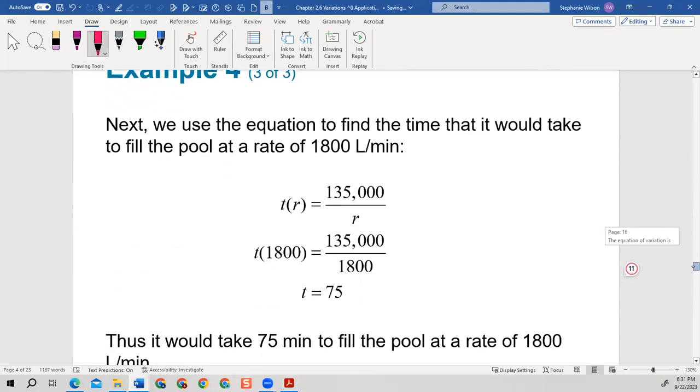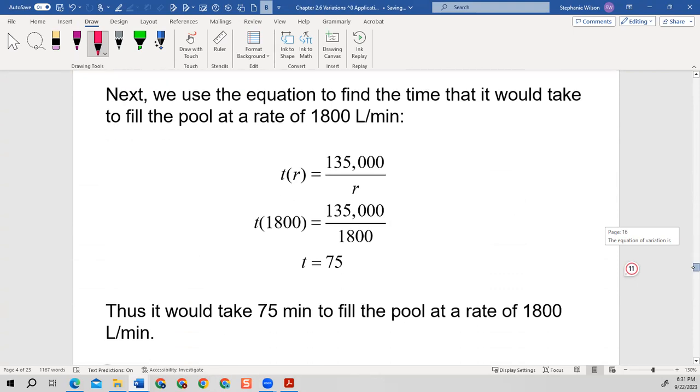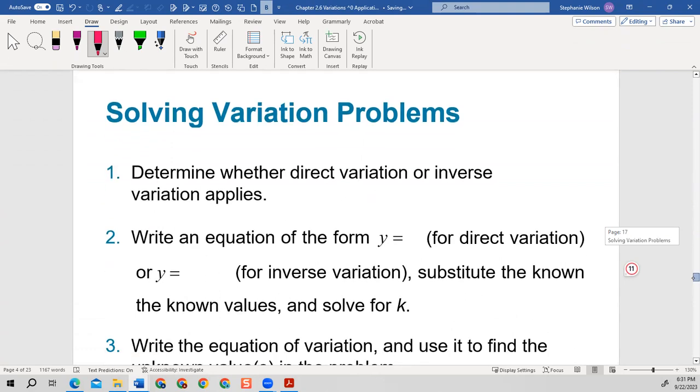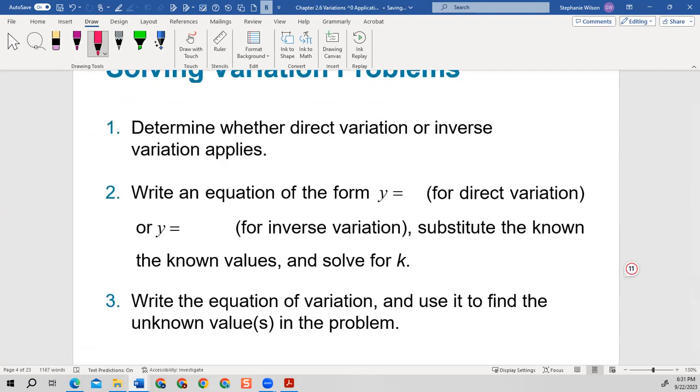Now let's go to, oh, here is that part that I was wanting to go to. Okay. Solving variation problems. We want to determine whether direct variation or inverse variation applies. Write the equation in the form y equals k times x in a direct variation.